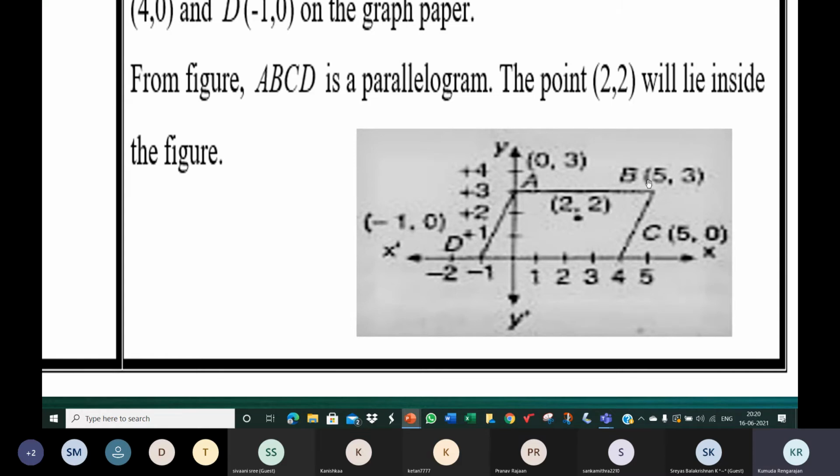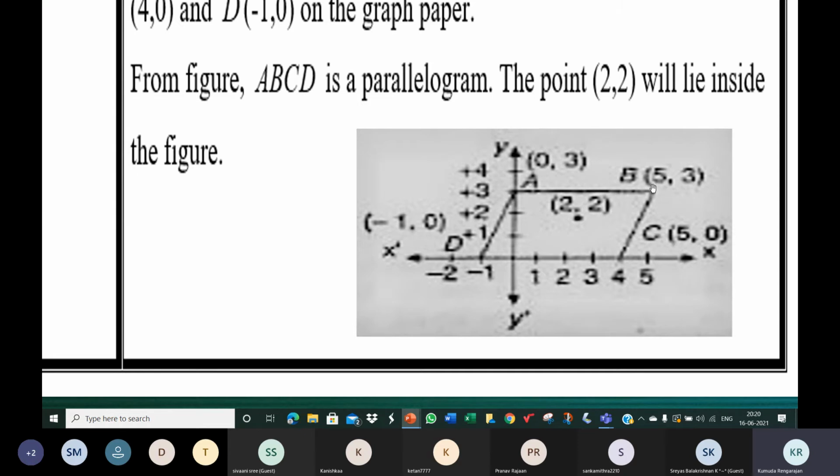So this one is parallel to this one. One pair of opposite sides are parallel and equal, because the length of AB, from the coordinates 5,3, is 5 units. The x coordinate is the perpendicular distance from the y-axis.